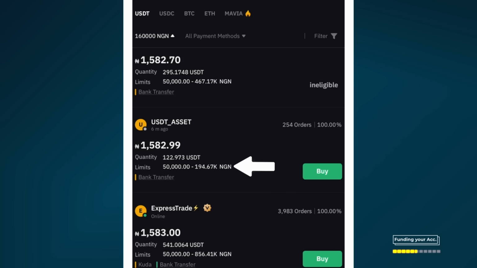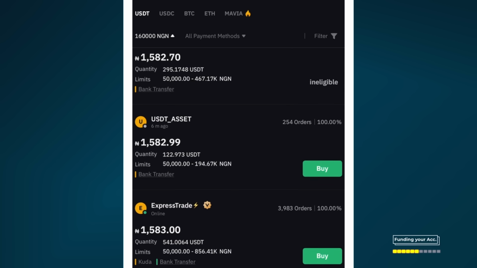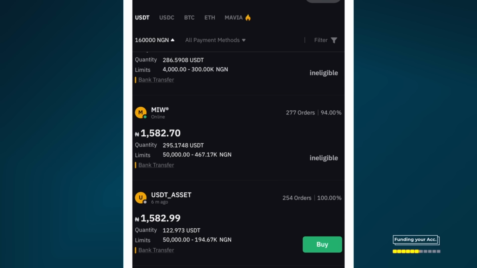He wants to sell between 50,000 Naira and 194,000 Naira worth of USDT, and this is the price. He has completed 254 orders and has completed 100% of them. Impressive record. The next person is selling at 1583, so the best price is above while the less favorable price is below.